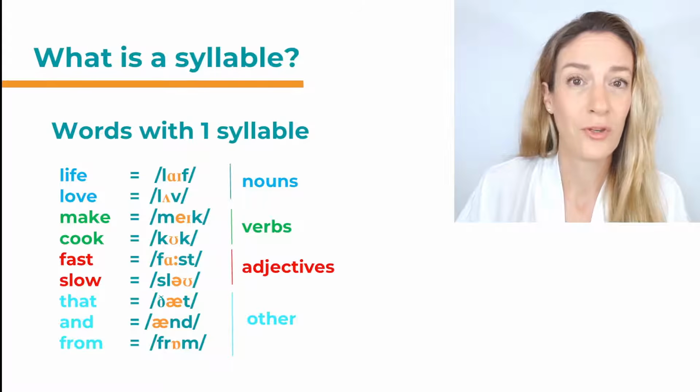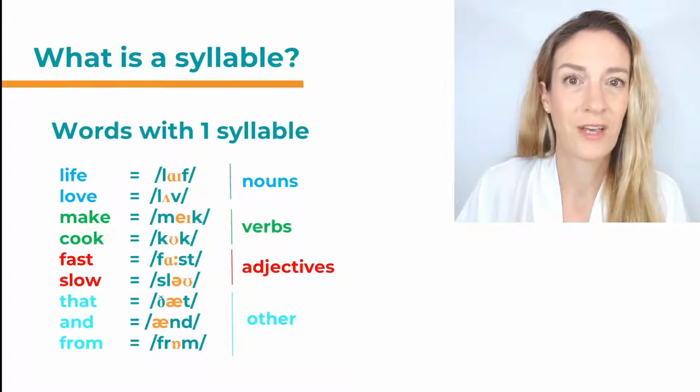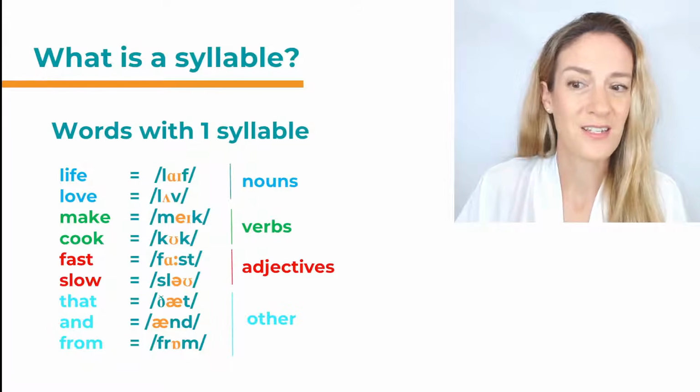Then our two verbs. Make. Here A is the vowel sound. Cook with U, that is our vowel sound. And then two adjectives. Fast, here we have a long A. Slow, here we have O, a diphthong.